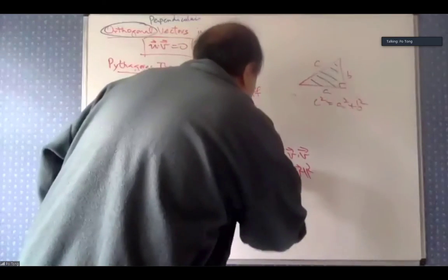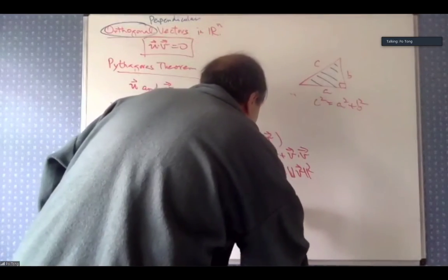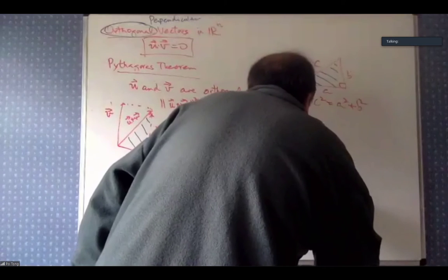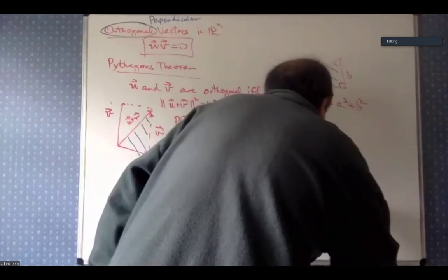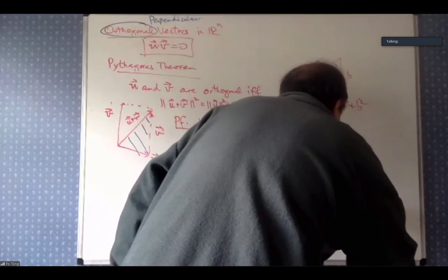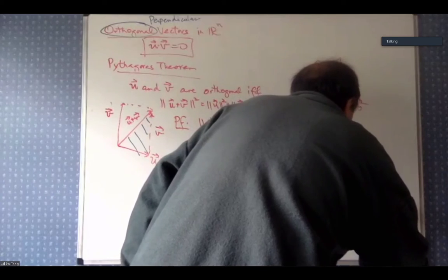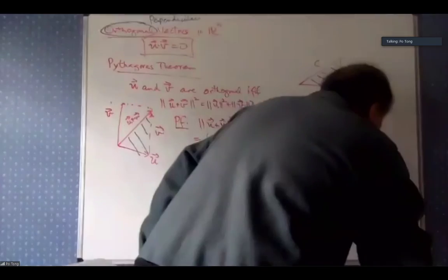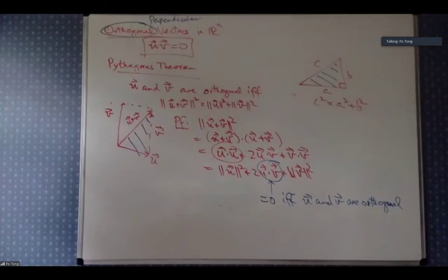And this guy is equal to 0 if and only if they are perpendicular. So we proved Pythagoras theorem.